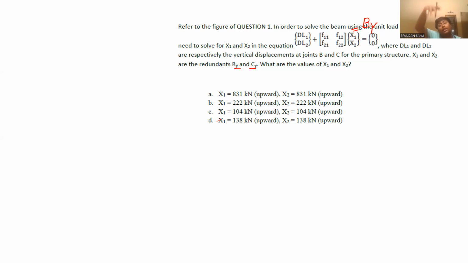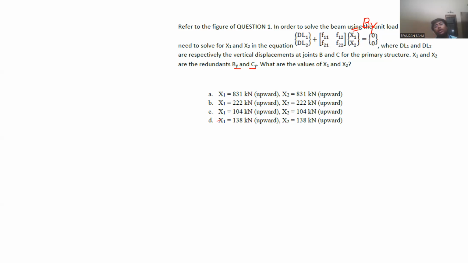DL1 is the displacement at point 1, in our case, point B. Now you remove your external load and put 1 unit load at point B. Due to that 1 unit load, there will be some displacement.